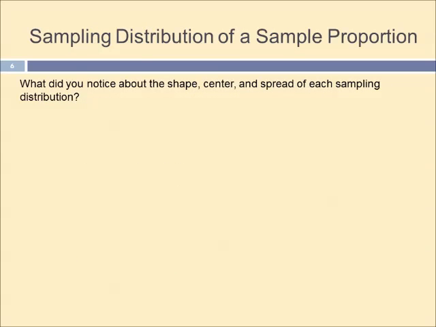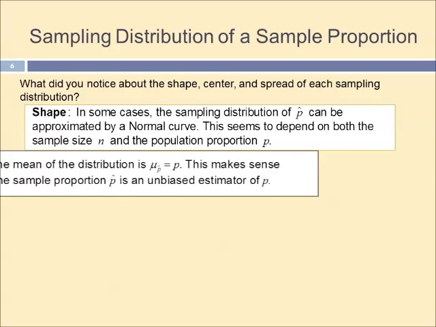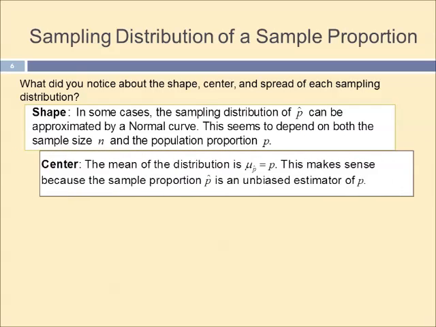So what did you notice about the shape, center, and spread of each sampling distribution? Well, the shape, in some cases, the distribution can be approximated by a normal curve. This seems to depend on both the sample size and the population proportion. The mean of the distribution is equal to the population proportion.